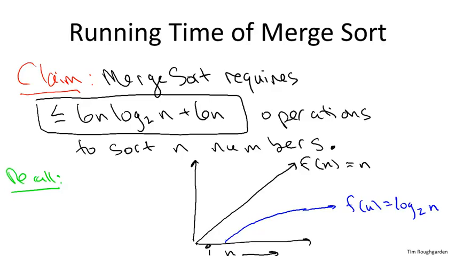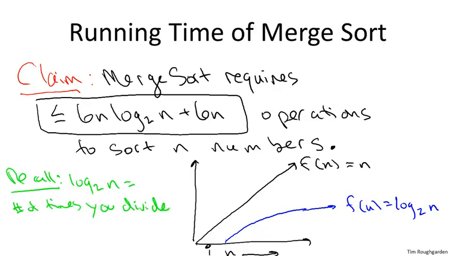So the point is, you can already see this. If log of 1,000, roughly, is something like 10, then the logarithm is much, much smaller than the input. Graphically, the logarithm is going to look like a curve which becomes very flat very quickly as n grows large.